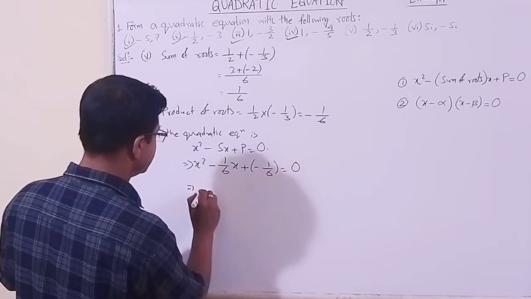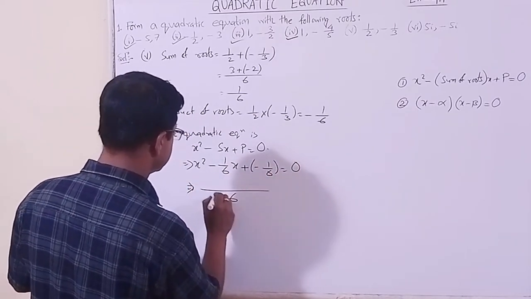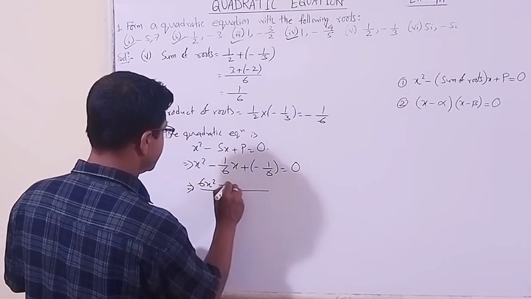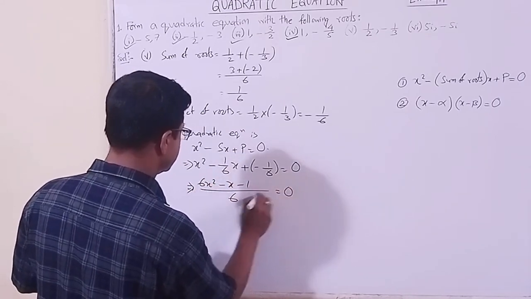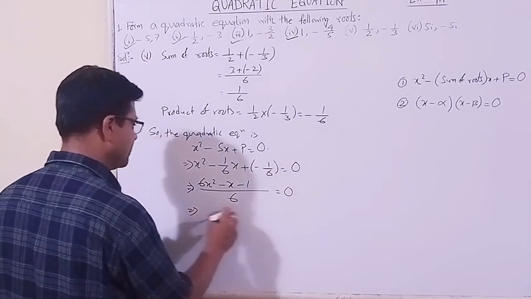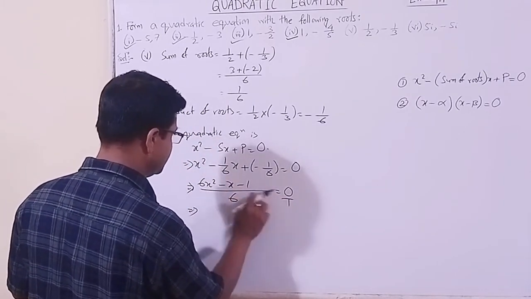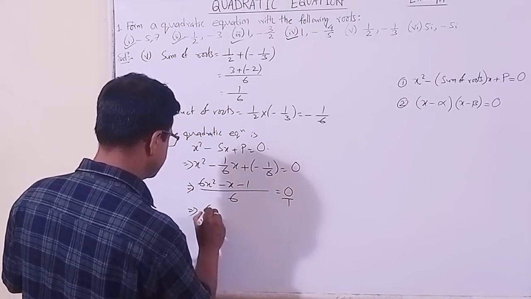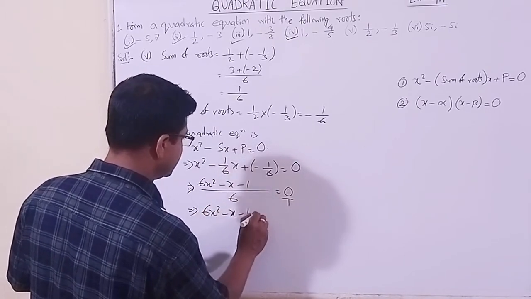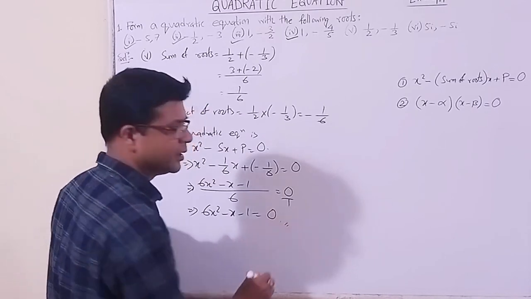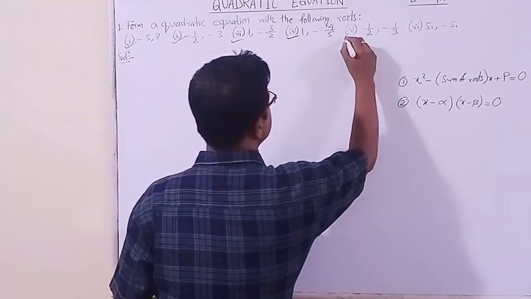We'll take the LCM. LCM is 6, so this is 6x square minus x minus 1 is equal to 0. What we'll do? Cross multiply. Here the denominator is 1. So this into 1 is the same. 0 into 6 is 0. 6x square minus x minus 1 is equal to how much? 0. Alright.